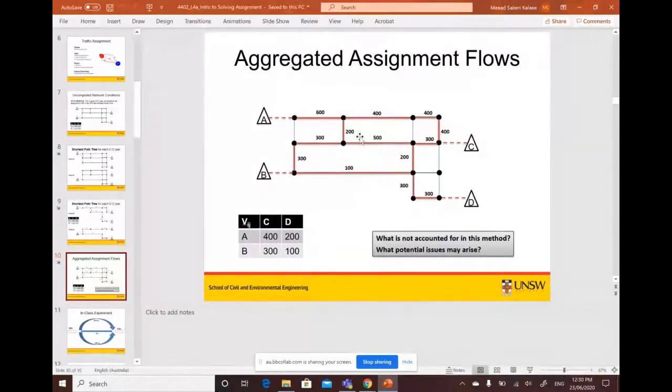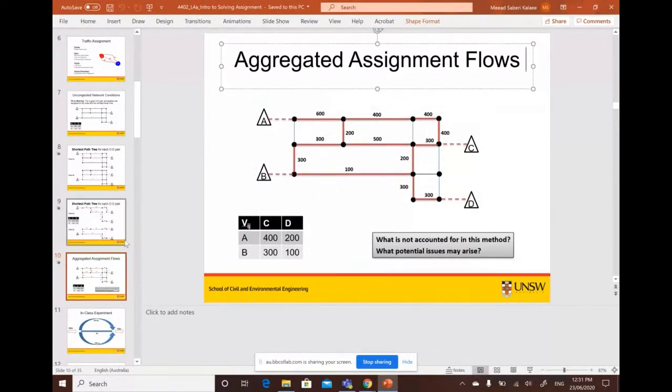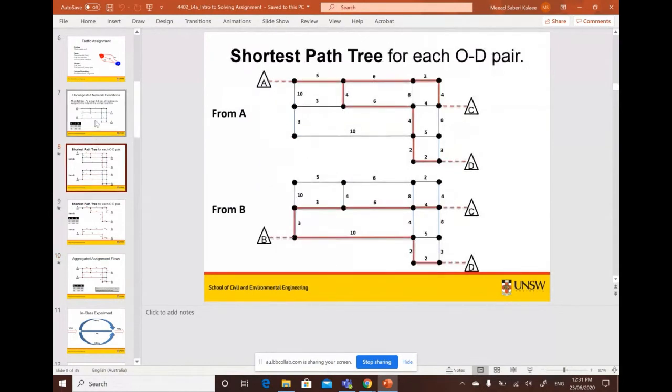Another issue that may arise here is that this cost is fixed. So again, if I go back to the shortest path, where is the cost? These cost values, these numbers on the links that we used to calculate the shortest path, are fixed. That means it's insensitive. It does not change if the volume on that link changes, which is not true, right?